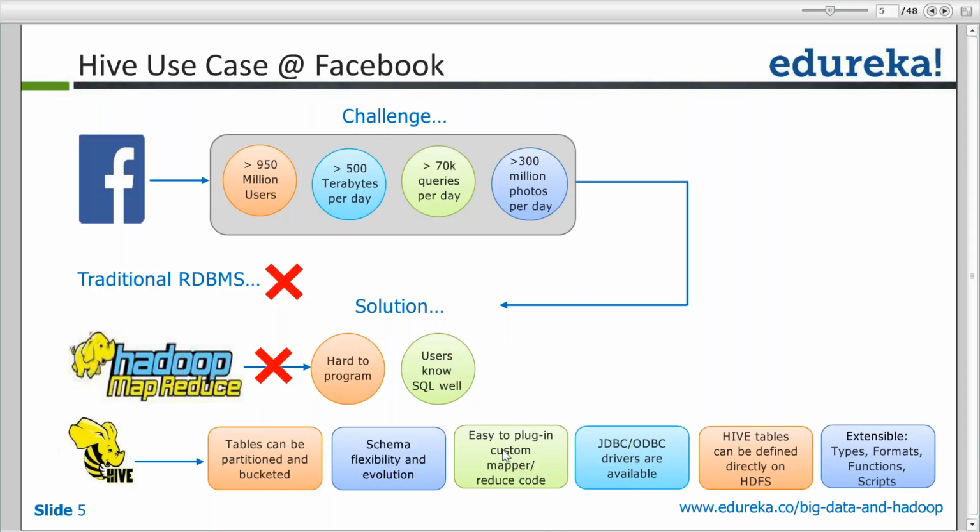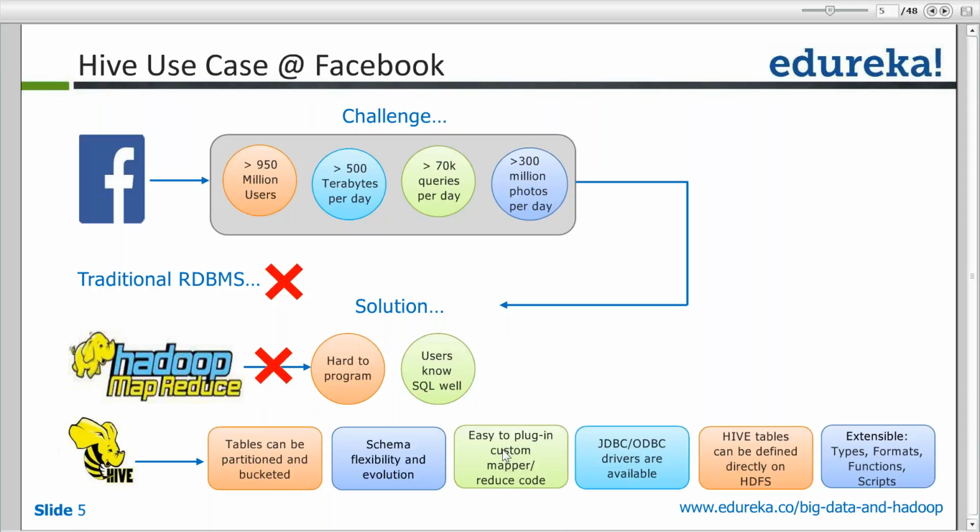It is easy to plug in MapReduce code in Hive, which is not a pure feature of MySQL. You can write your MapReduce code, let's say in Python, and I can easily plug in that Python MapReduce code in Hive. That's an additional feature.